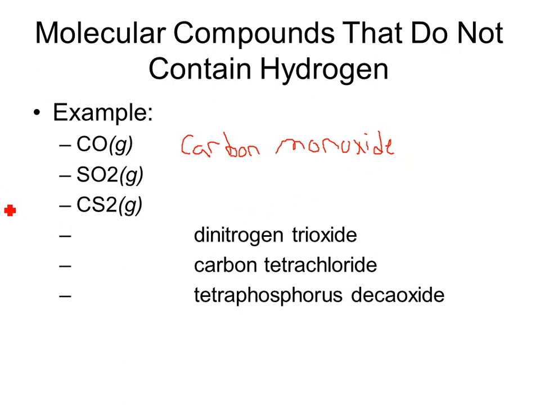All right. Now, let's just see if I can make this a little better. We try the next one. We have SO2. Again, we know S is sulfur, O is oxygen, so we have sulfur monoxide. CS2, we have carbon and sulfur, so then we have carbon disulfide.